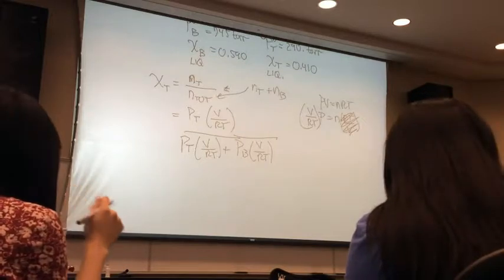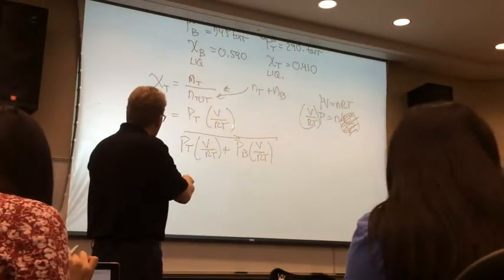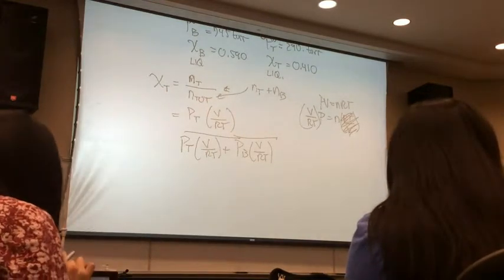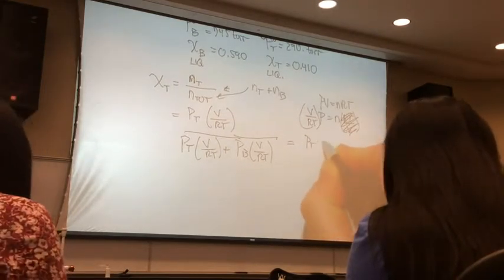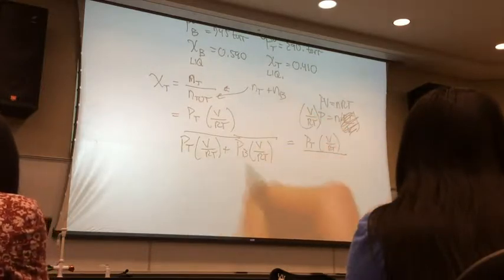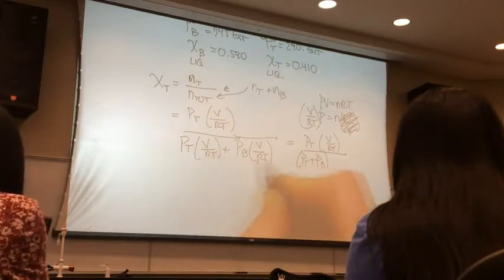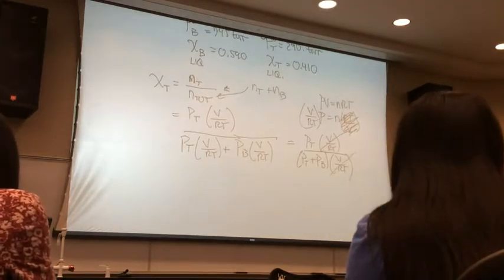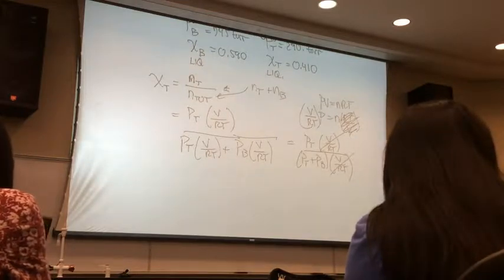Now, remember that these are in one container, it's a solution, so the volume's the same here, R's the same, they're at the same temperature. So you can factor your V over RT out. So this is pressure of toluene, V over RT, divided by, down here, PT plus PB, and I'm going to pull a V over RT out of there. Those cancel. They're the same value, right?